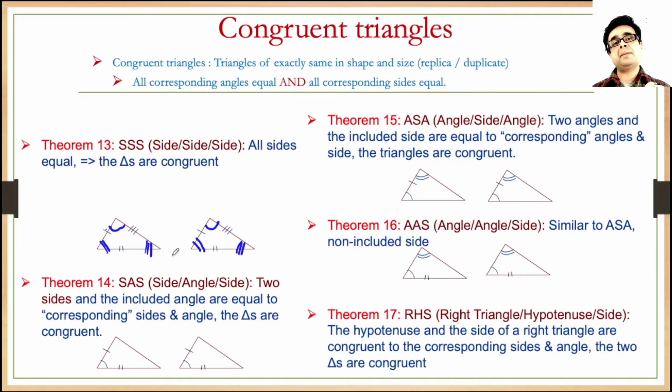Just note how I am marking the corresponding equal angles or sides. For example, I am marking 1 dash for these 2 corresponding equal sides, 2 dashes for these 2. This is an important nomenclature that I recommend you follow so that you know the corresponding equalities amongst 2 triangles.